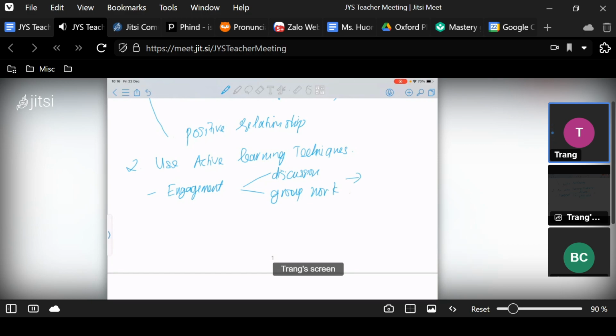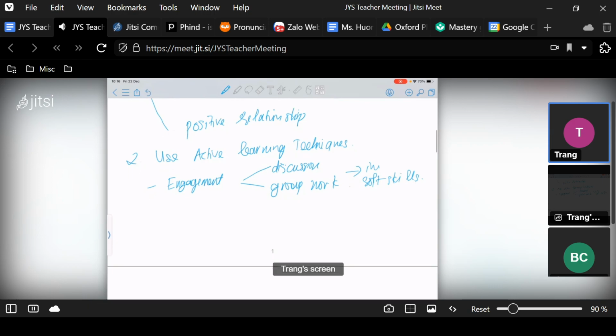With these, they can not only learn the knowledge, they can also improve their soft skills.